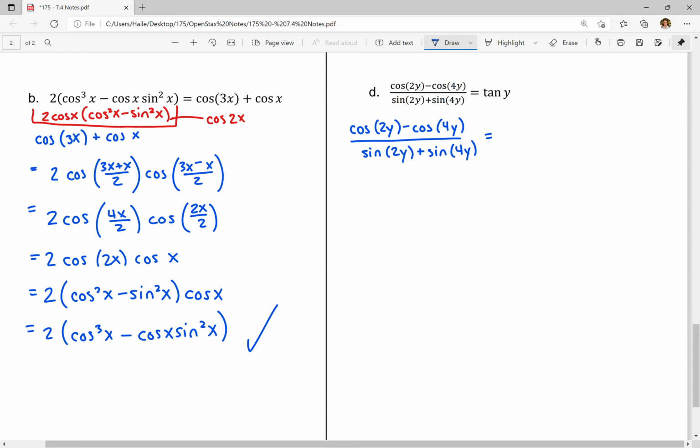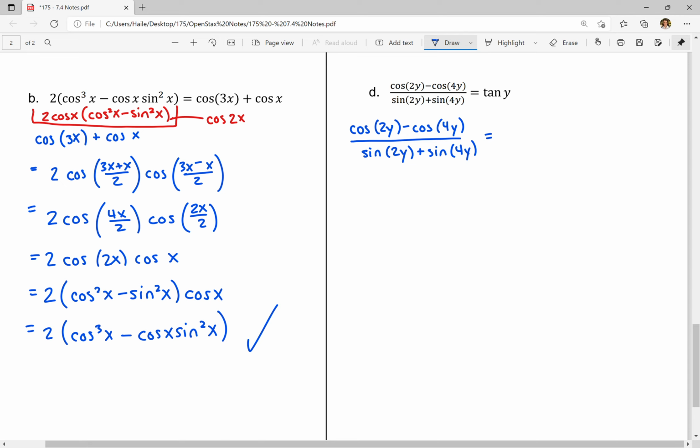And now I notice that the numerator of the fraction and the denominator are two separate formulas that are each sums and differences.